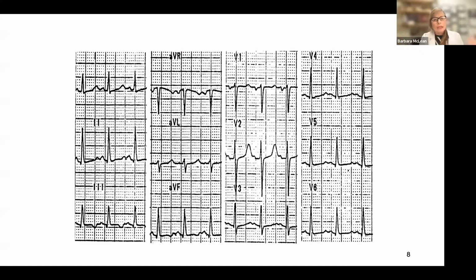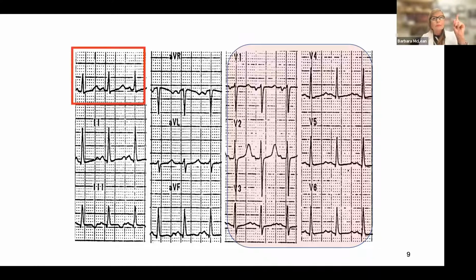So we're going to take a look at this EKG, and I'm going to mark out the chest leads because we're not talking about them right now. And I'm going to choose lead 1 and AVF. And I can see in lead 1, it's upright. And in AVF, it's upright.